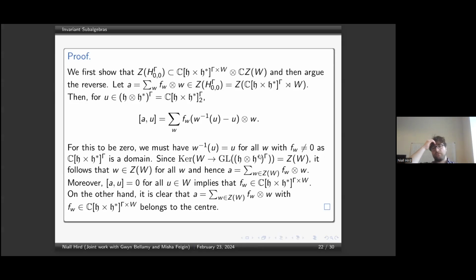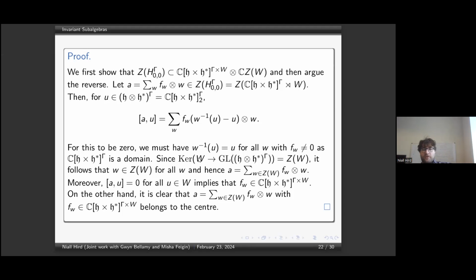So for this to be 0, we need W inverse of U minus U to be 0 whenever F of W isn't 0. So in other words, we need W inverse of U is equal to U for all W. And since this has to hold for every U, because A is in the center, this is precisely the statement that W is in the kernel of this map.